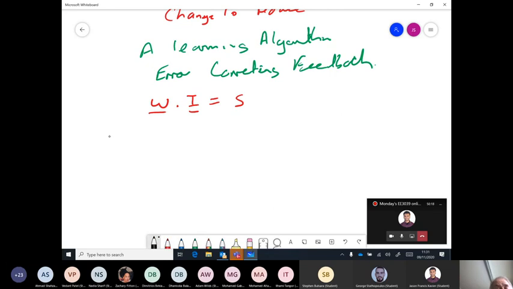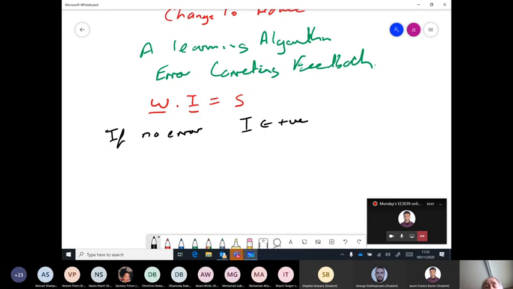Now, first condition, if no error, and no error would occur if I belongs to the positive class. And remember, the decision after the threshold is the neuron is either firing, positive, or not firing below the threshold, the negative class.